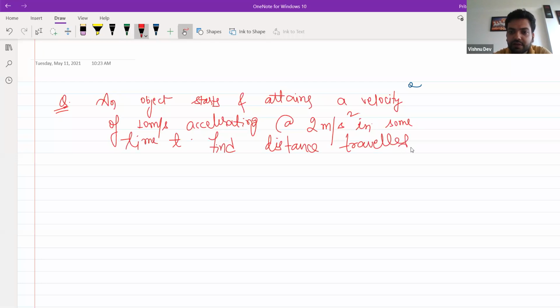Let us say I give you this time as 5 seconds. So how will you find the distance traveled? Quickly calculate it.